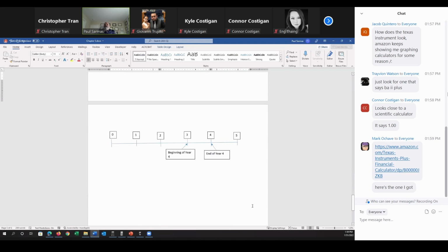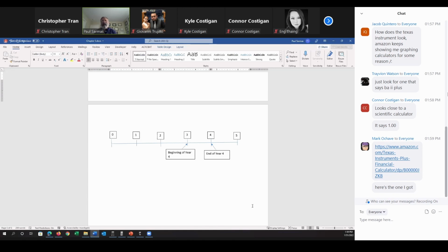Again, this is an example of what I meant. This relationship is very important. Notice I have 1, 2, 3, 4, 5. Each one of the numbers: 0 is now, 1 is 1 year from now, 2 is 2 years from now, 3 is 3 years from now, and on.